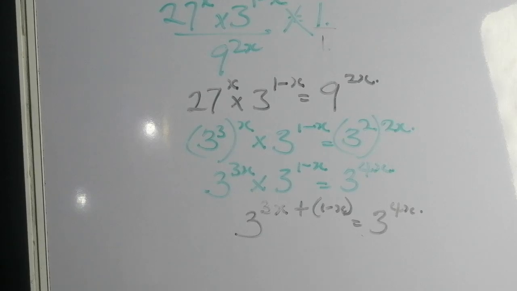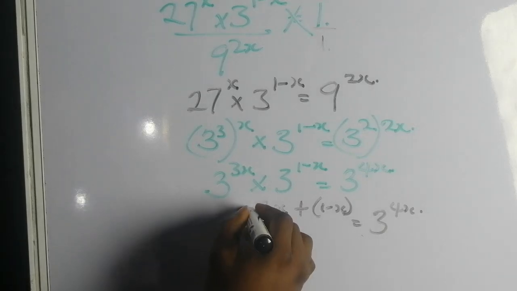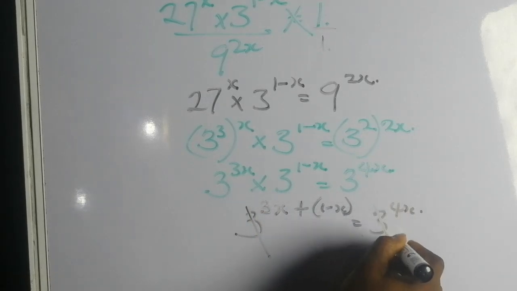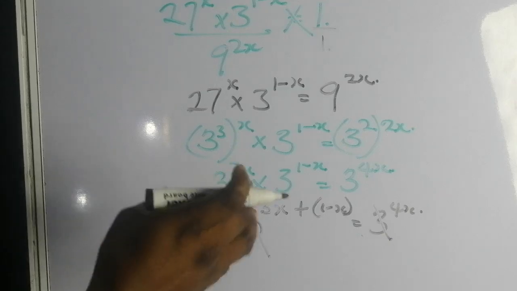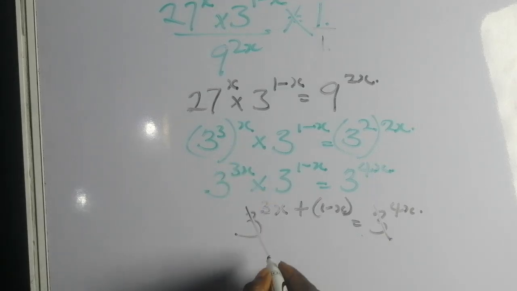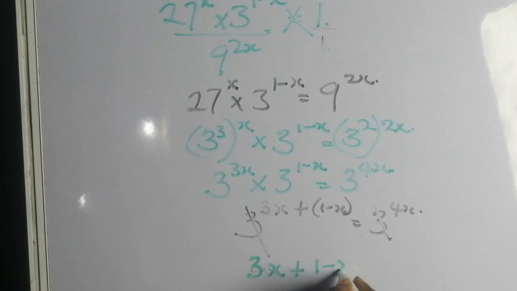So what do we do? I said we can cancel the base. So we can bring down the power. So the power here is 3x, plus 1 minus x.